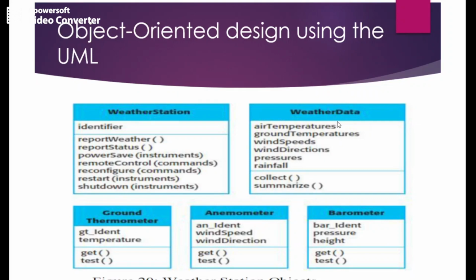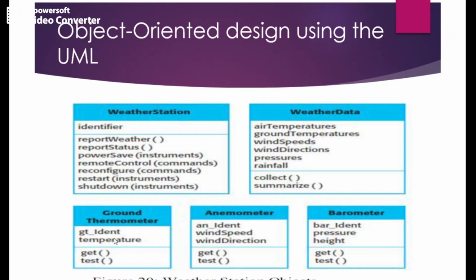Now weather data, the attributes are air temperature, ground temperature, wind speed, wind direction, pressure, rainfall. What are the operations? Collect, summarize. Then we have a set of instruments. Ground thermometer to measure the temperature.